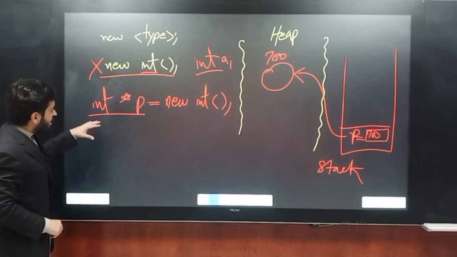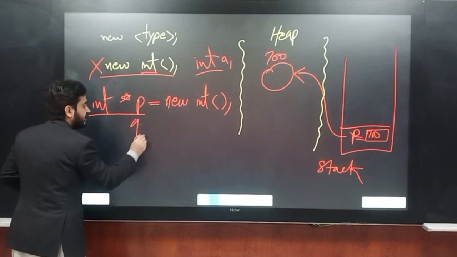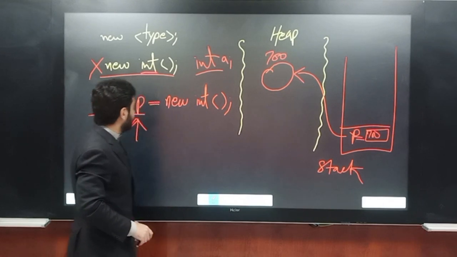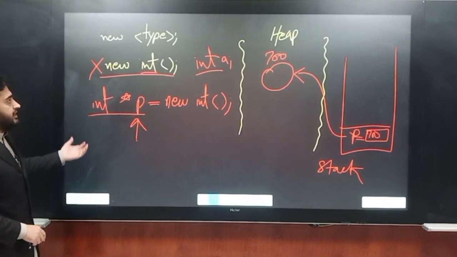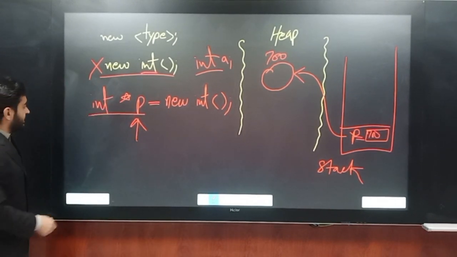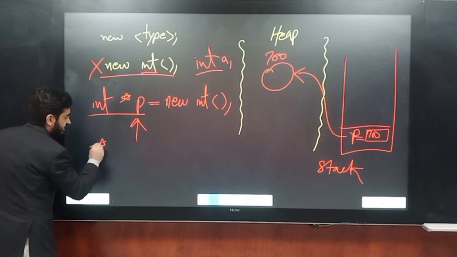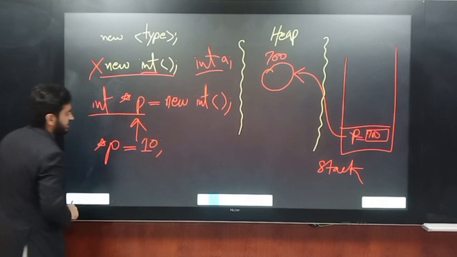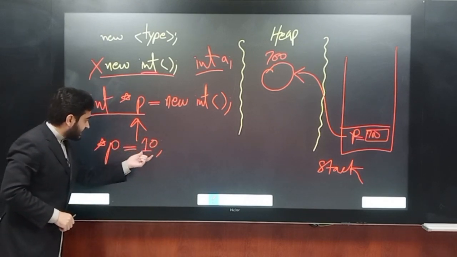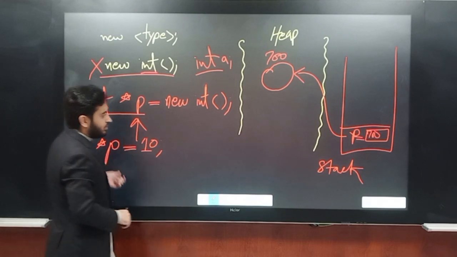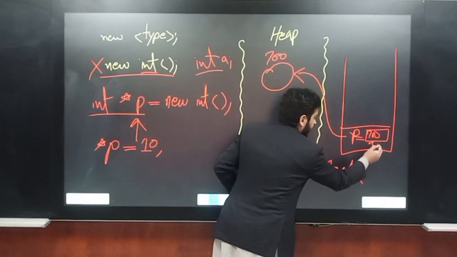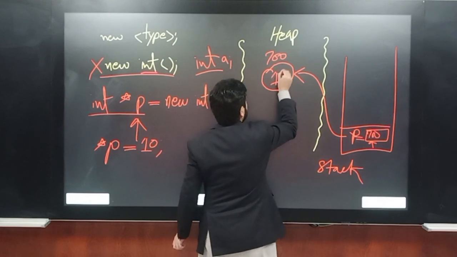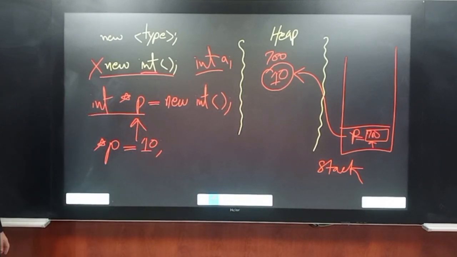Now we can access, through this p, the object which resides inside the heap, and we can assign values to this object using p. For example, dereference operator p is equal to 10. It means that we are going to assign 10 by dereferencing this address, which is this one, assigning the value 10.